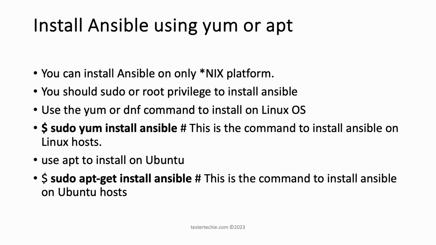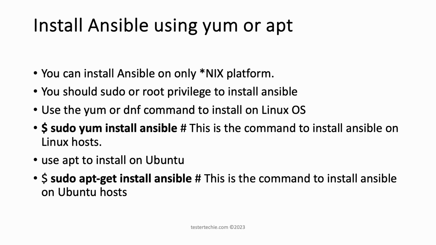This should install Ansible. You can also use the dnf command to install Ansible if you are using the later or updated version of CentOS 8 or so. You must have sudo or root privilege to install.